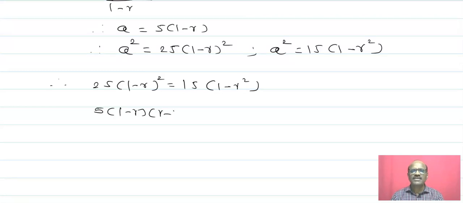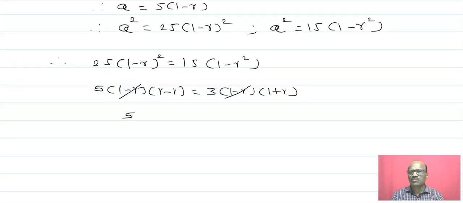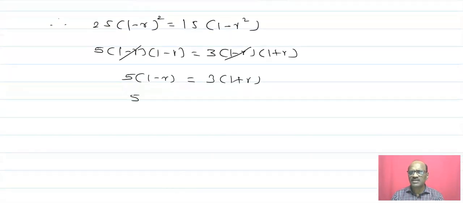Equating these two terms and dividing both sides by 5, in place of 25 you get 5, in place of 15 you get 3. 1 minus r bracket square can be written as 1 minus r into 1 minus r, and on the right-hand side 1 minus r square means 1 minus r into 1 plus r.